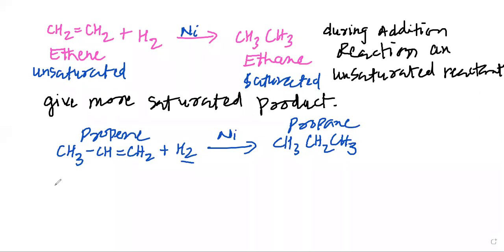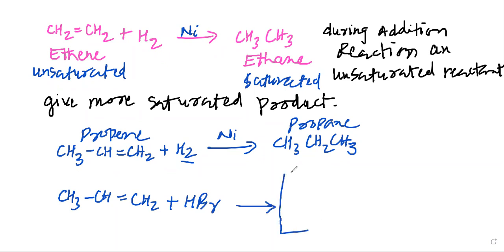Suppose we add something which does not have the same atoms. Suppose you have CH3, CH double bond CH2, and then you add, suppose, HBr to it. Now, my dear students, you have two possibilities.